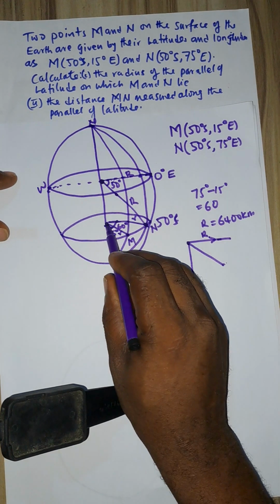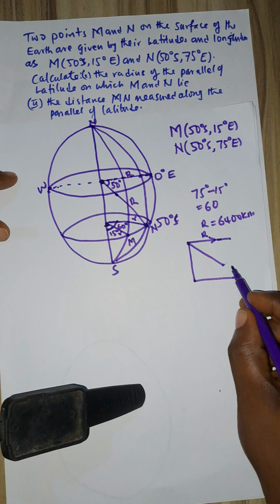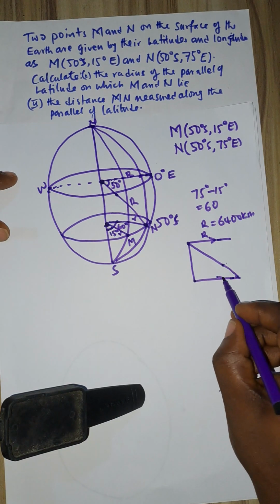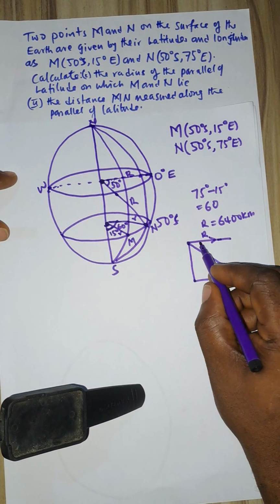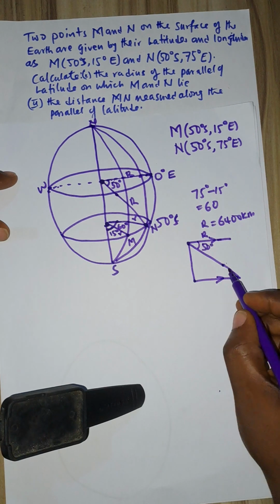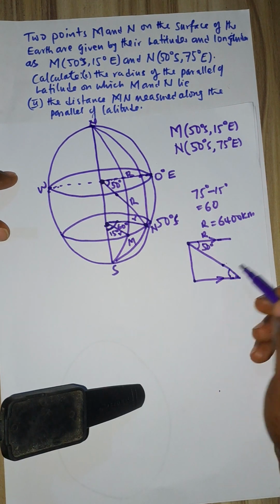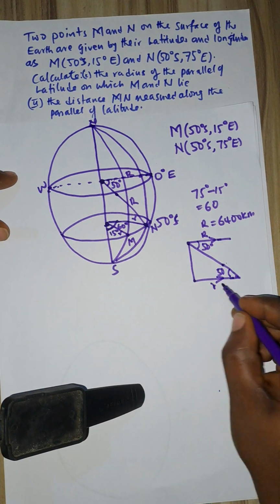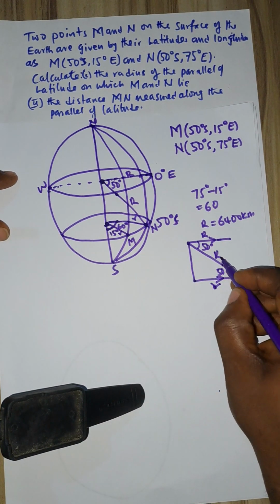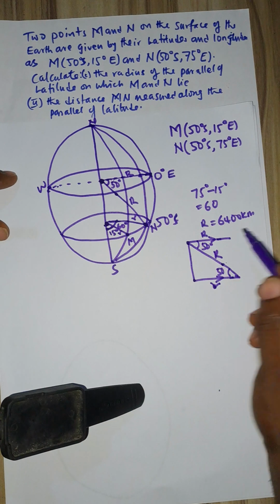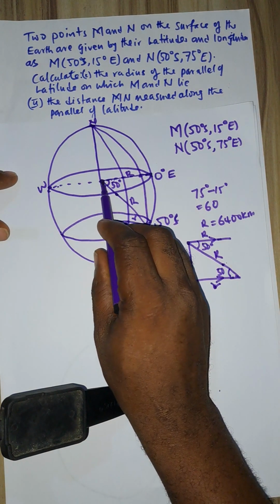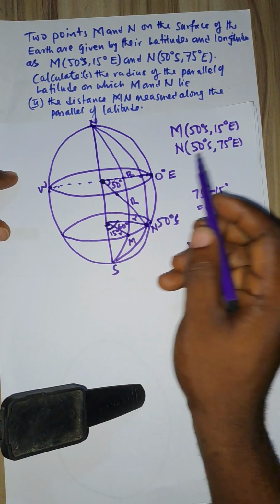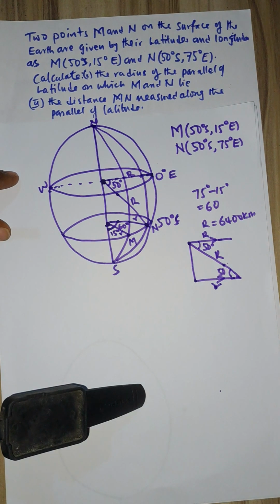So we are now having this kind of situation. This is 50 degrees. Alternate angle, because these two lines are parallel, this is 50 degrees too. And this is the small r we are looking for, and this is big R. Any line you draw from the center to meet the surface is the radius of the Earth.